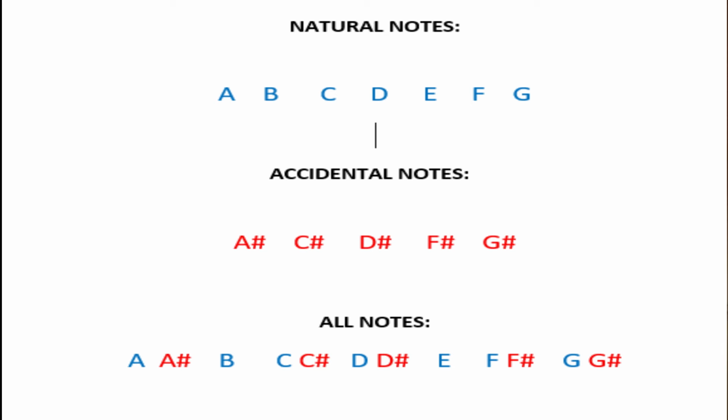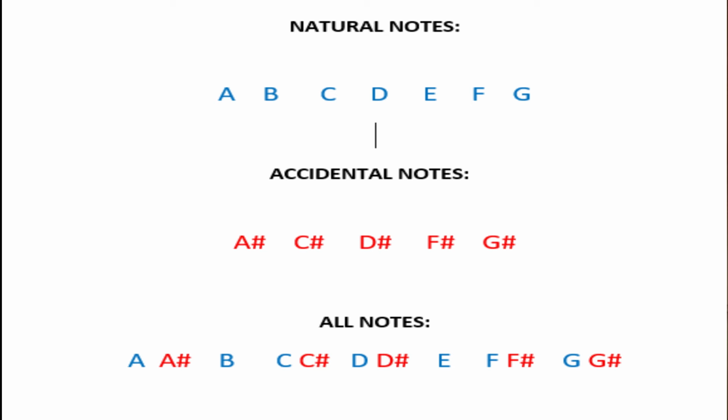So in total there are 12 notes, 7 naturally occurring notes and 5 accidental notes. So let's count them together: A, A sharp, B, C, C sharp, D, D sharp, E, F, F sharp, G, G sharp and back to A.